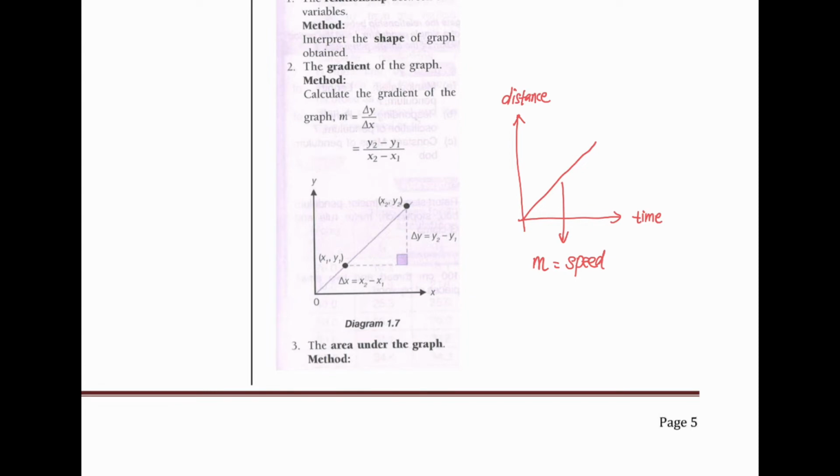How do you know it represents speed? That is an easier way to know. You just take whatever on the y-axis, divide by whatever on the x-axis. So you have distance on the y-axis, divide by time on the x-axis, distance over time is speed. So gradient is speed. Just take the quantity on the y-axis, divide by the quantity on the x-axis, and then you will get what is represented by the gradient.